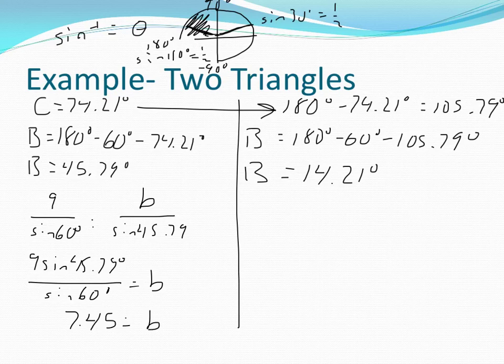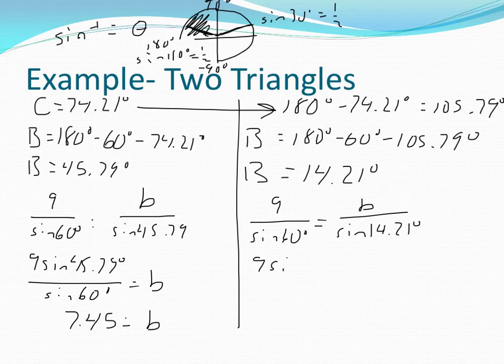We repeat this same process to find the other possibility for side B, this time using the angle of 14.21 degrees. When we solve for B this time, we should get a smaller side measurement as well.